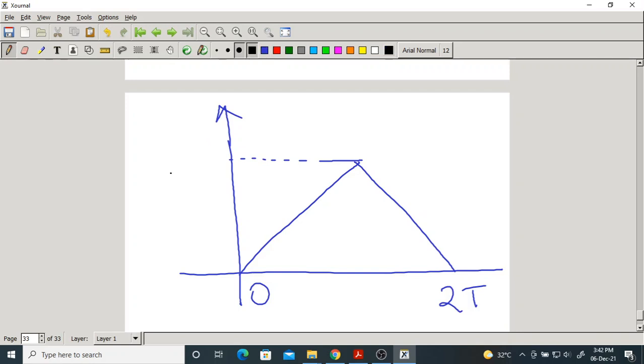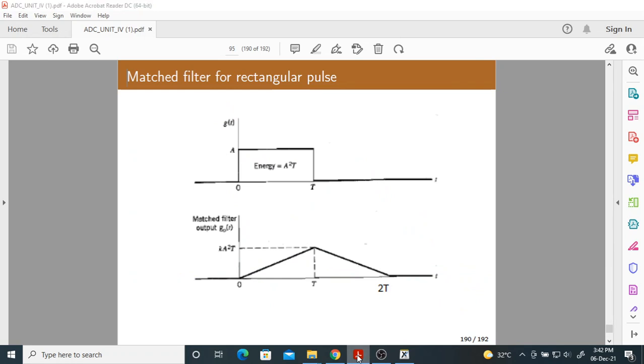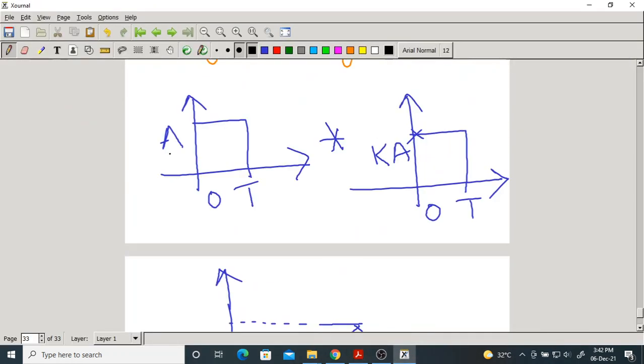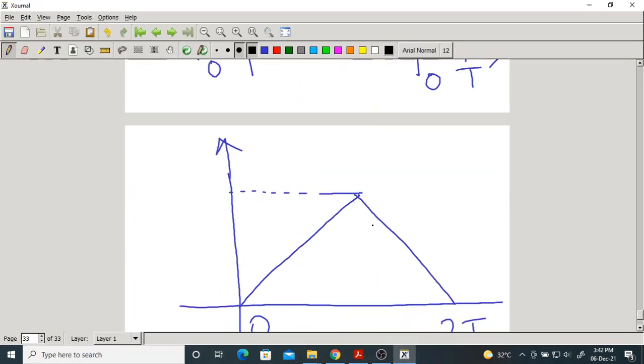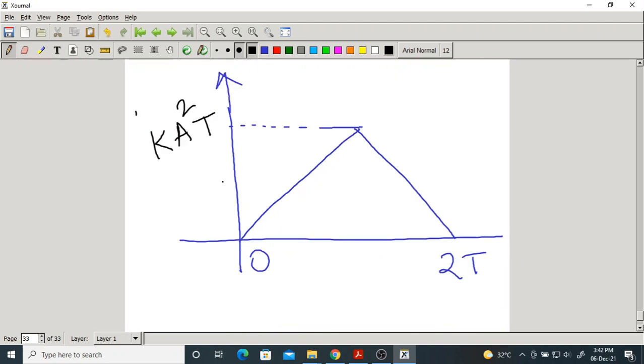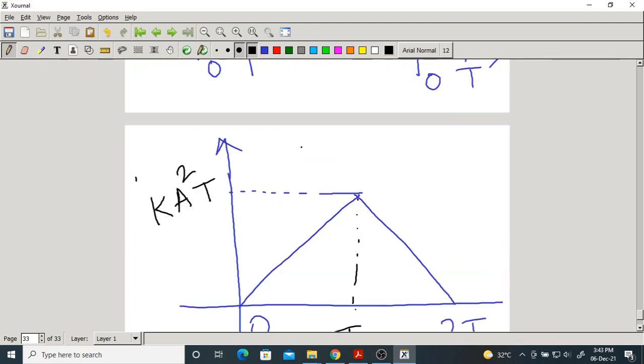So what is this amplitude? K a square into T. So this is g naught of t, just the convolution of two rectangular pulses.